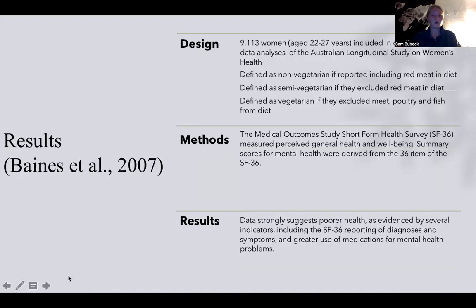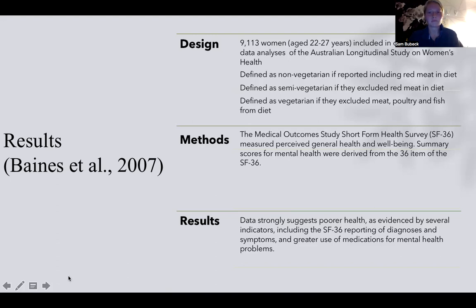Okay. So I'm going to discuss three of my research articles that I found most important to discuss. I've mentioned this one a few times. In 2007, there was research conducted on 9,113 women aged 22 to 27 years. It included a cross-sectional data analysis of the Australian Longitudinal Study on Women's Health.